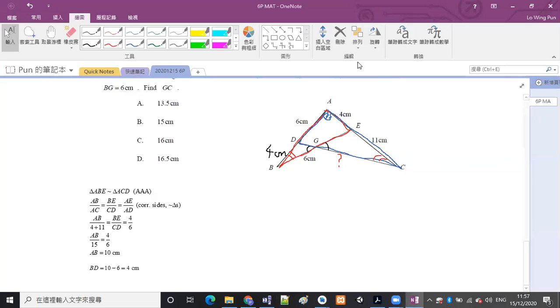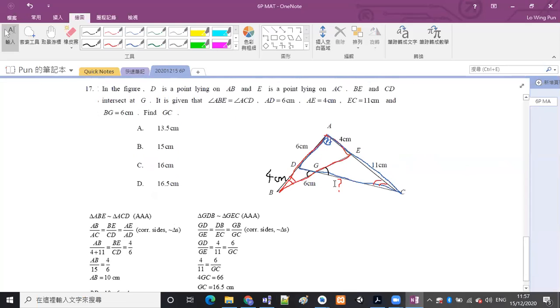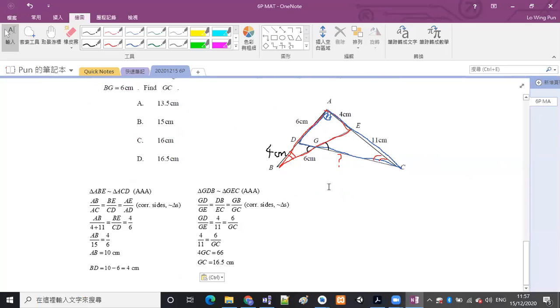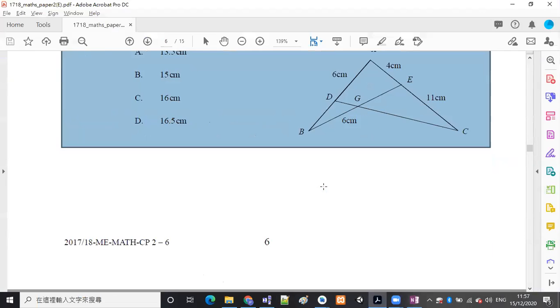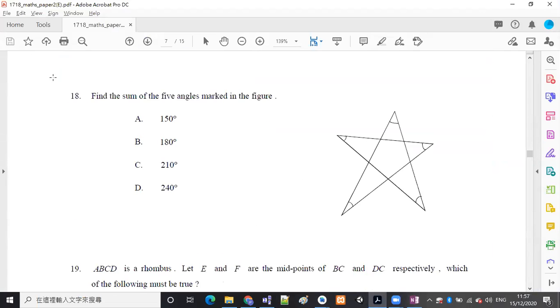That is the answer. Option D. Got it? These are relatively difficult, I think. Number 18.